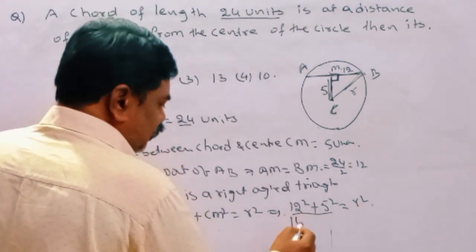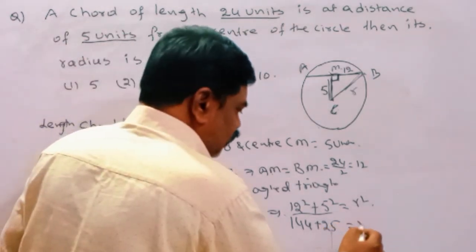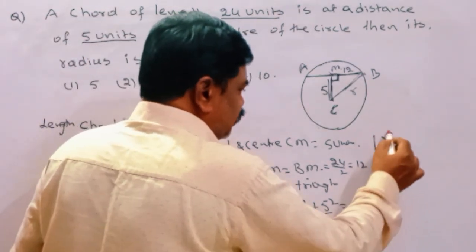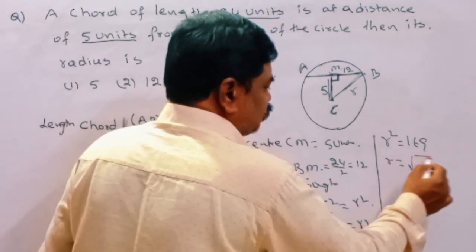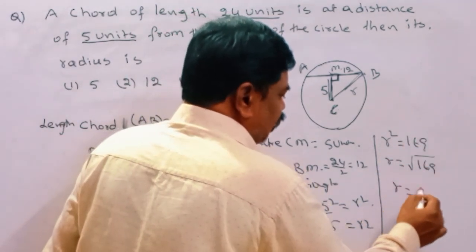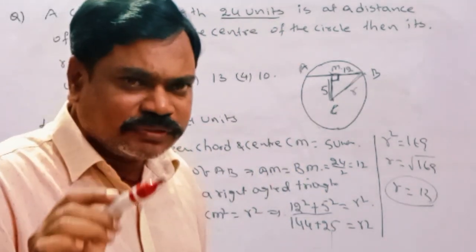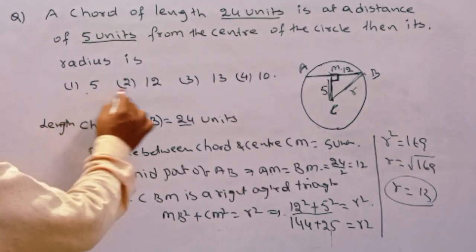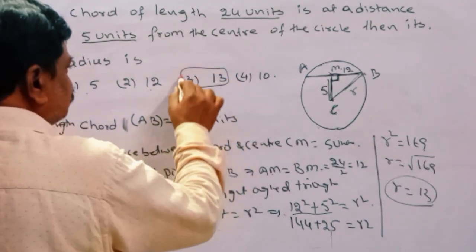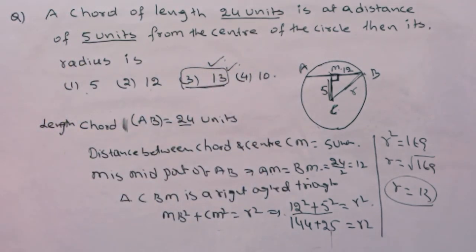That is 144 plus 25 is equal to R square, and R square is equal to 169. R is equal to root over 169. R is equal to 13. Then the radius of the circle is 13. So by observing these options, the radius of the circle is 13. Okay, all of you, that's all. Thank you.